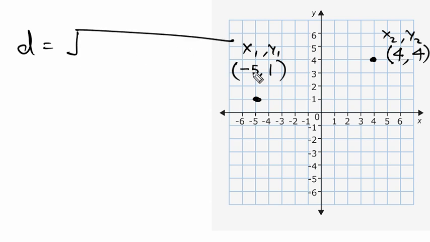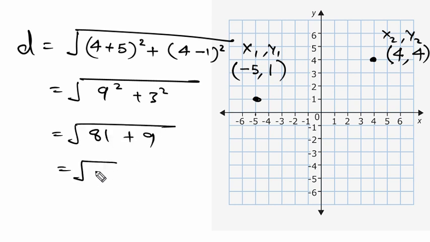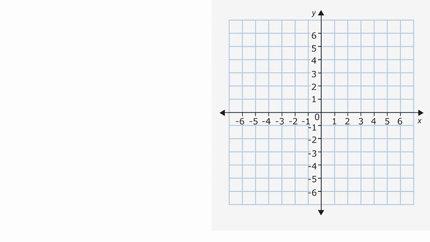So x2 minus x1: 4 minus -5, so it will become plus. Y2 minus y1: 4 minus 1. That will be 9 squared, and that will be 3 squared. 9 squared is 81, 3 squared is 9, so the square root of 90. Put this in the calculator and you will get your answer, right? That is how we find the distance on a coordinate plane. So that's it for this video. See you in the next one.